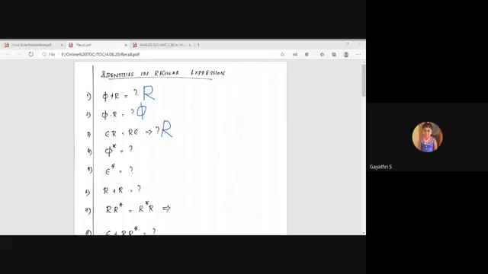Then phi closure. What is the result if you make a closure of phi, meaning the empty language? So recall the previous content. Identity is a regular expression.